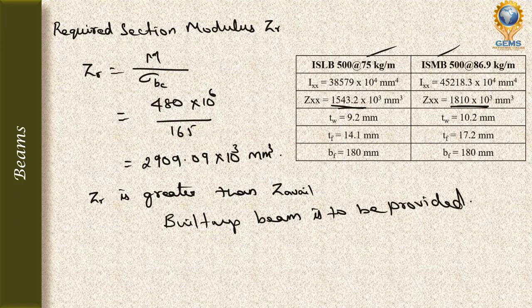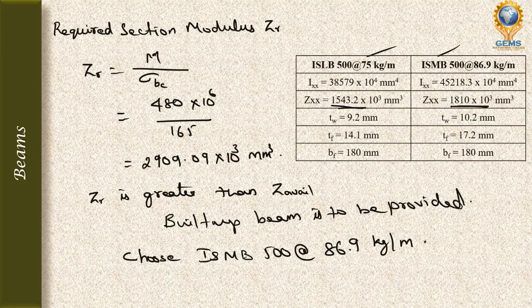So built up beam, either we can provide plated built up beams. For that we have to choose one section. So here the higher ZXX value is ISMB 500, so we choose ISMB 500 at 86.9 kg per meter.